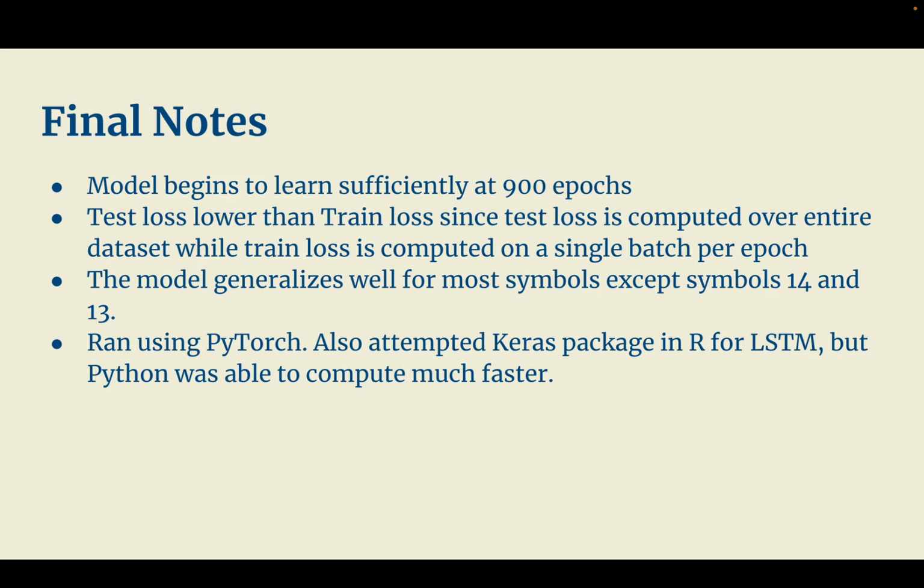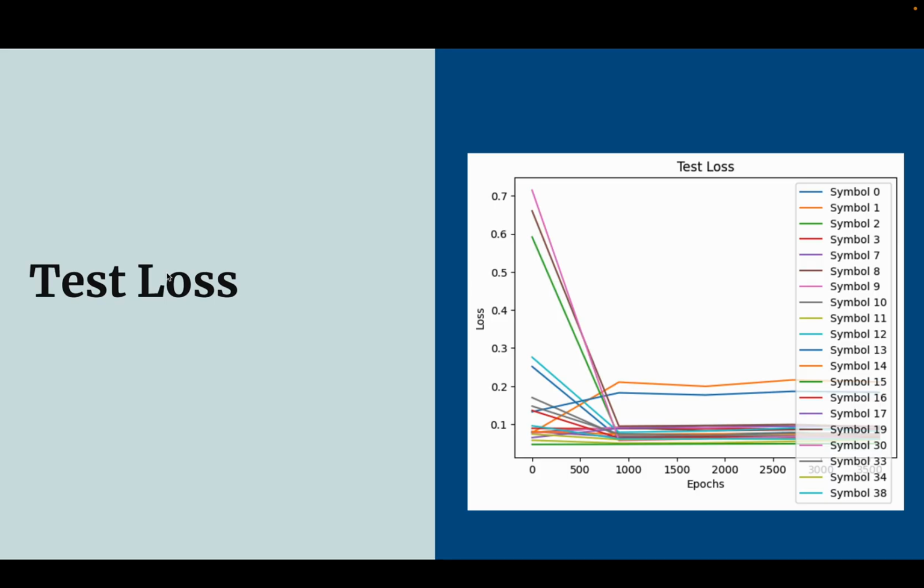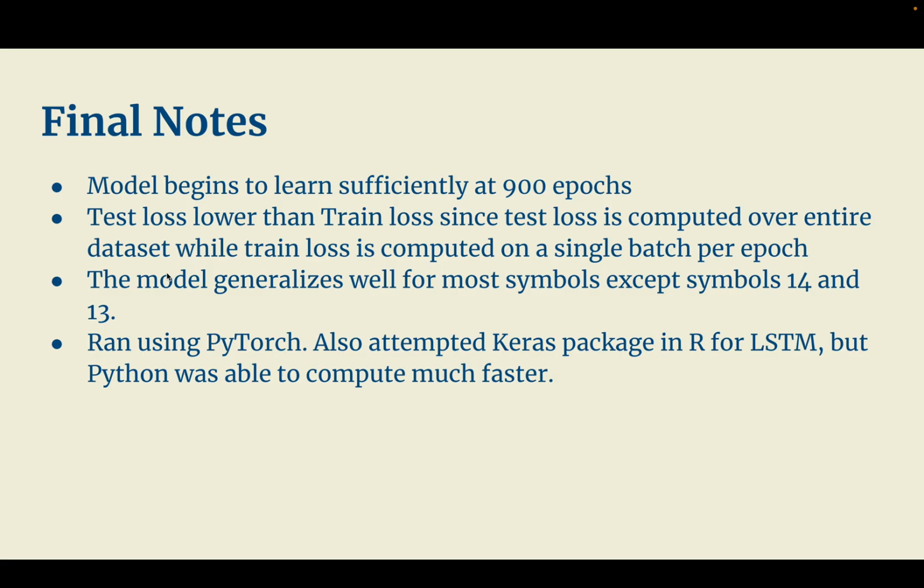I batched the data and computed the train loss on only a single batch for every epoch, so it's more stochastic, versus the test loss I computed over the entire testing data set, which is a lot larger than one batch in the train loss. This makes sense, and they roughly mimic each other's behavior.